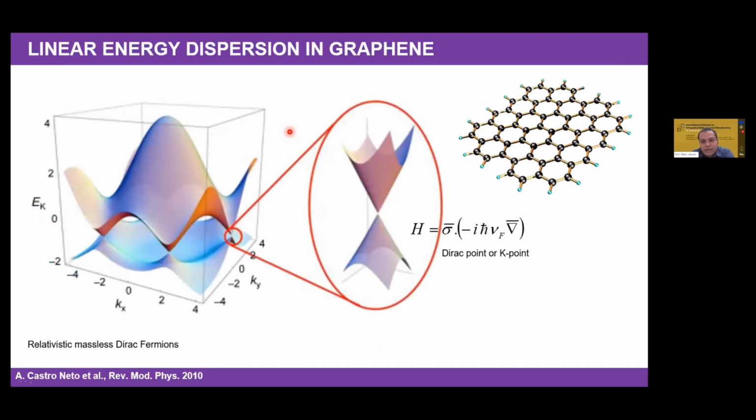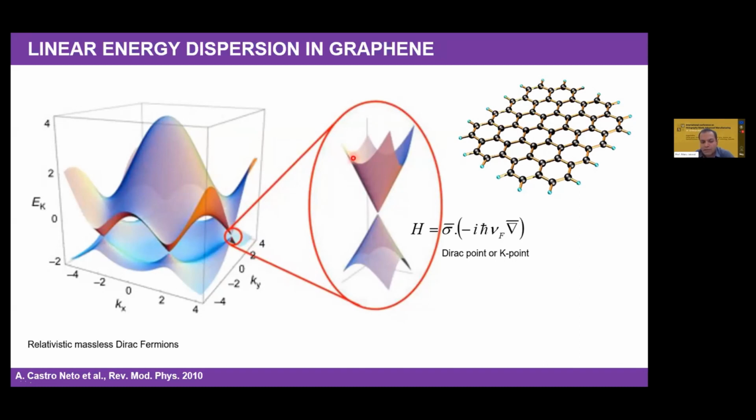Graphene has a linear band structure. The crystal structure is shown here. It's a honeycomb lattice of carbon atoms forming one monolayer, and the electronic band structure is shown to the left, where you can see the conduction band and the valence band. At the corners of the Brillouin zone, the dispersion relation is quite unlike that of a semiconductor.